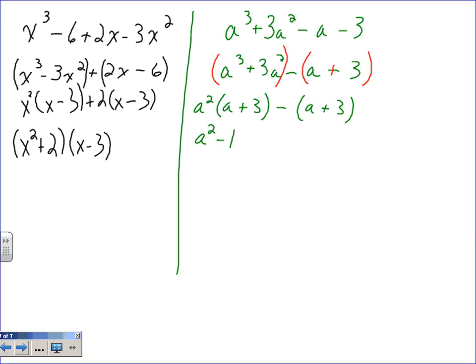Remember, there's a 1 there. So just remember, if you're going to put a parenthesis in back of that negative, you have to change that second sign.